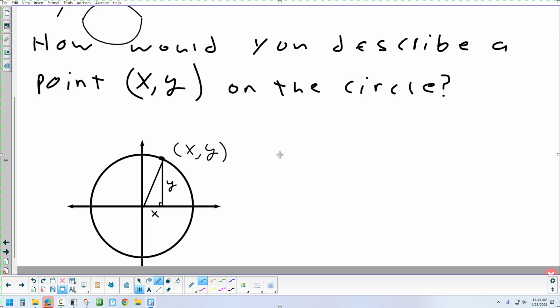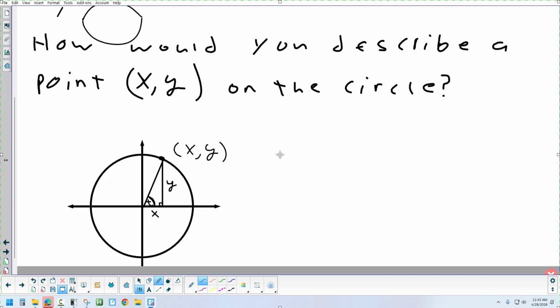Normally, what kind of letter do we use for an angle in trig? Theta, or some kind of Greek letter. Well, when we do things parametrically, what letter do we use? T. Always use T. So T is going to represent that angle.